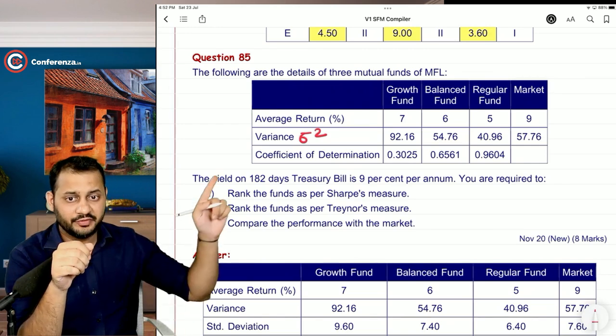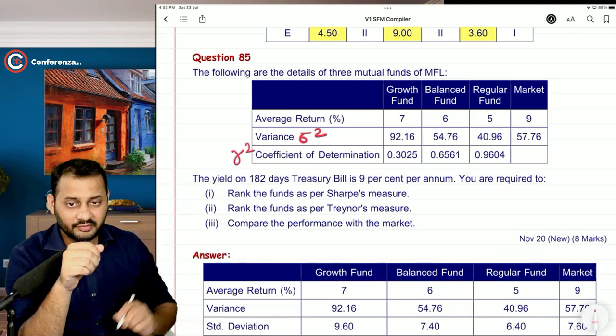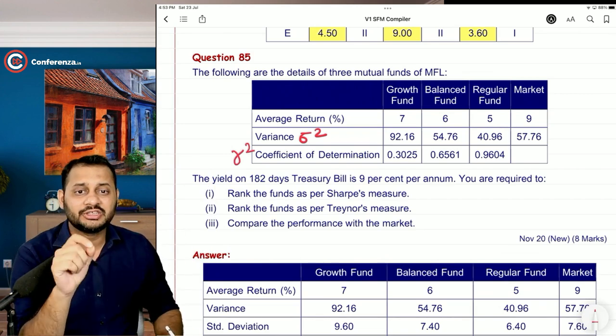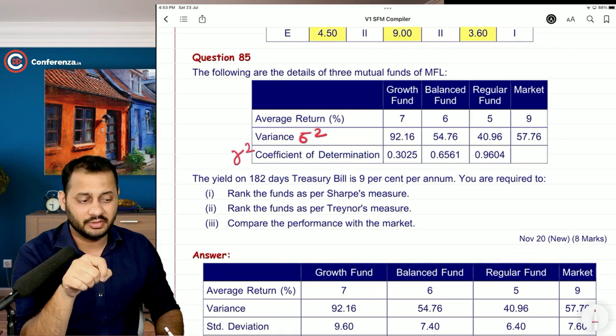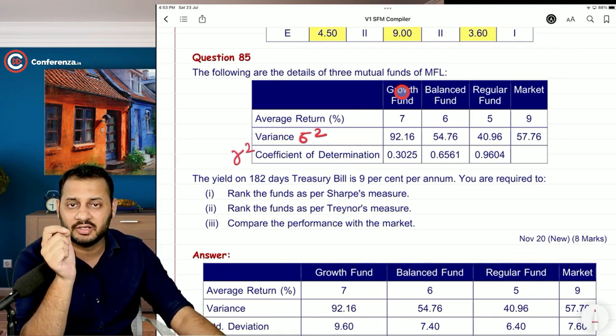Okay, then coefficient of determination. Have you understood? Coefficient of determination is the R square. It says how reliable the beta of that fund is.